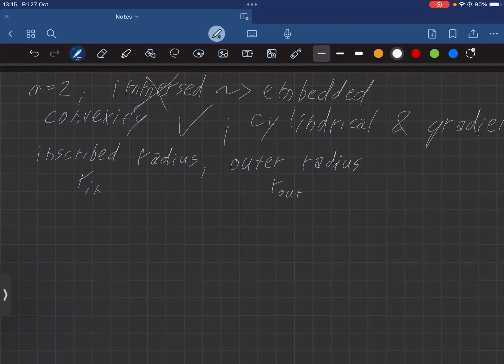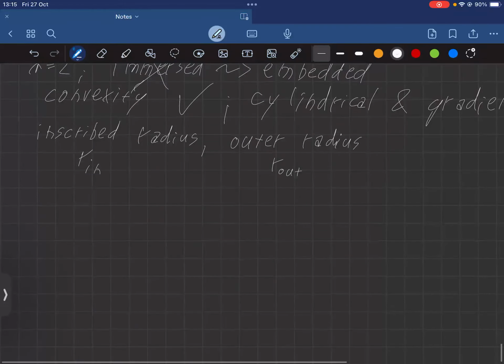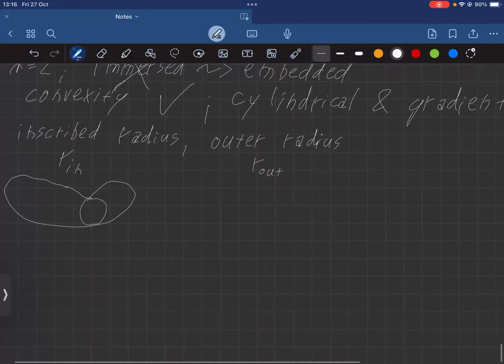Okay, and roughly what this means is that, given some hypersurface, the inscribed radius is the radius of the biggest ball we can fit inside our hypersurface, and the outer radius is the radius of the biggest ball we can fit from the outside to our hypersurface.